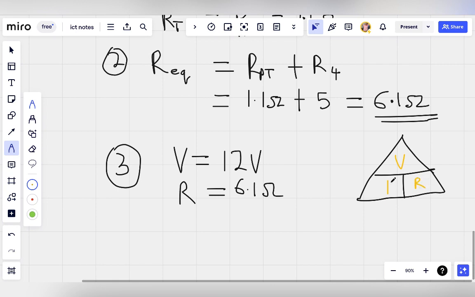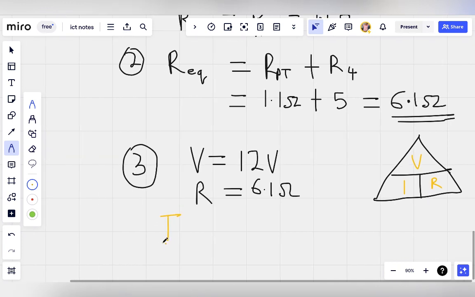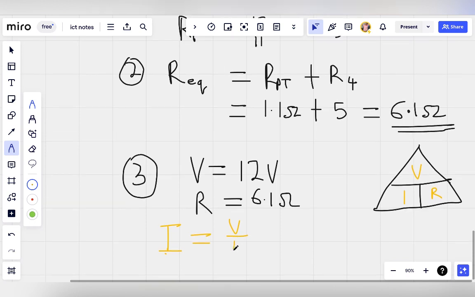So if you're looking for current, it is voltage divided by resistance. So current is equal to V over R. The V is 12 volts, divided by our total resistance, 6.1.